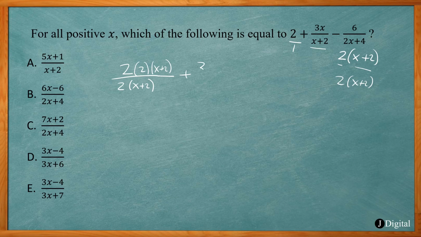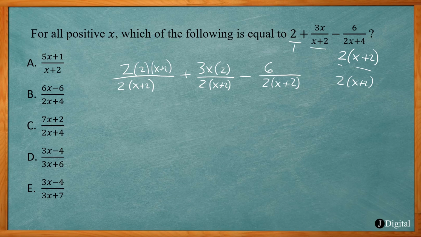The next one, we had 3 on top, and the denominator is 2 times x plus 2. We already had an x plus 2, so we added a 2 to the bottom, and we need to add it to the top. Again, here we had a 6, and we already had 2 times x plus 2, so that stays the same. We don't need to change the numerator at all.